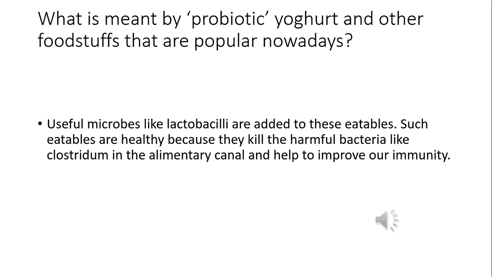That's why these products help to normalize indigestion, which is the disturbance of the digestion, and many times doctors advise people to take probiotic foodstuff when we suffer from indigestion.